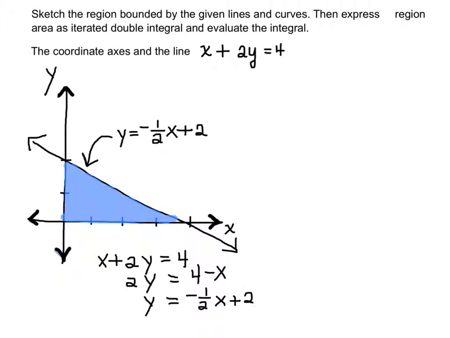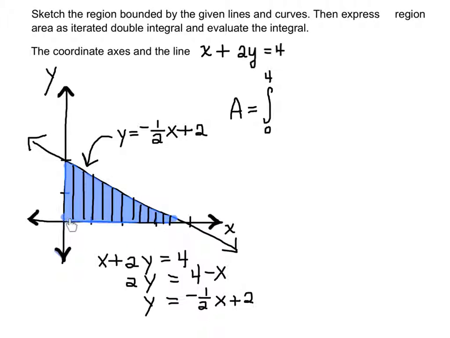Now to find the area A of this region, we want to start by integrating from x is equal to 0 to x is equal to 4. We're going to be taking slices this way, adding up these areas.